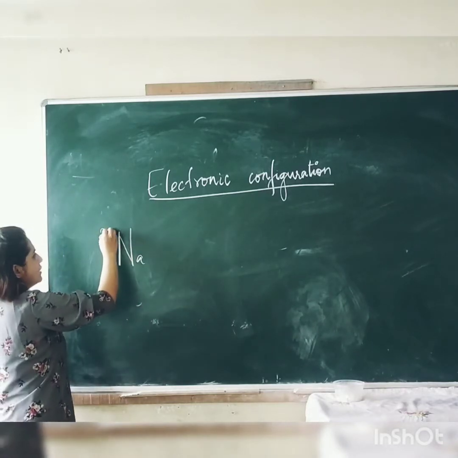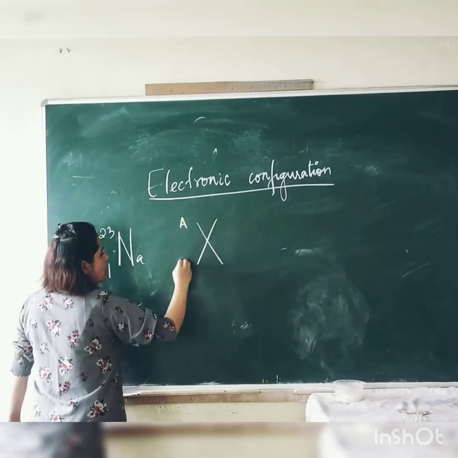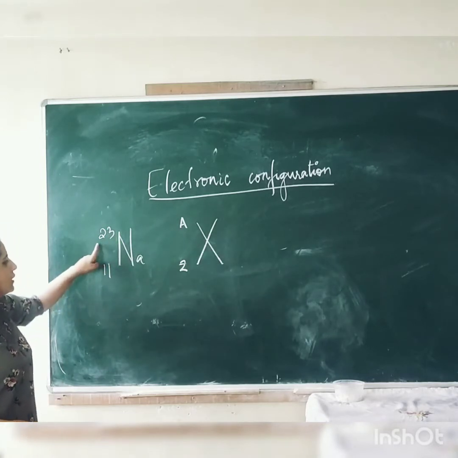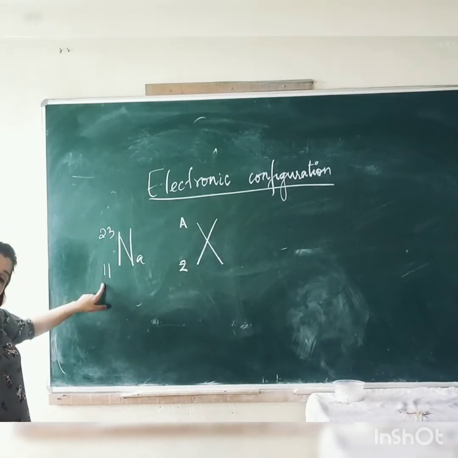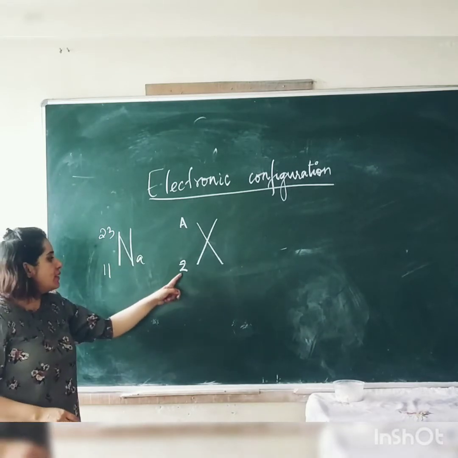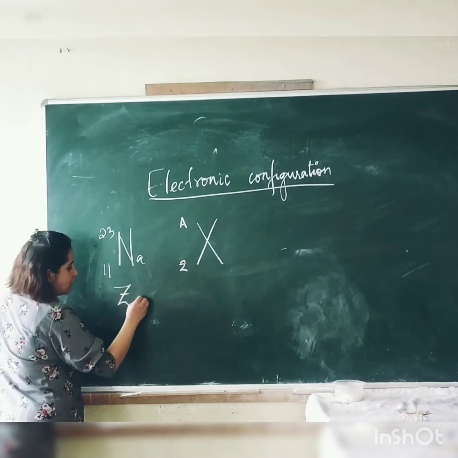Sodium, you all know, is 23/11. I gave you this formula where X stands for any element, A is the mass number and Z is the atomic number. So the mass number of sodium is 23 and the atomic number of sodium is 11. We just need the atomic number here.